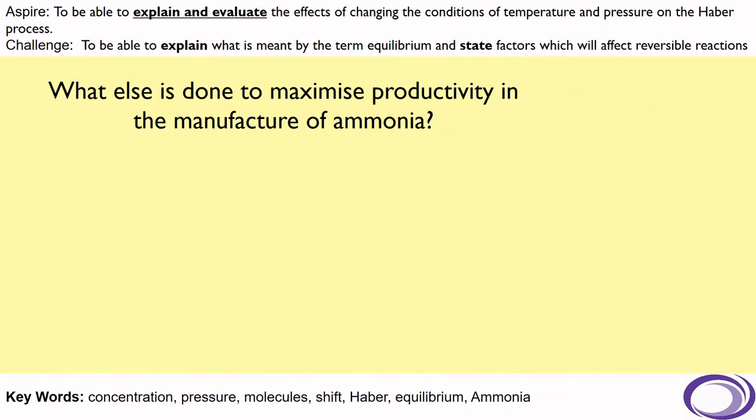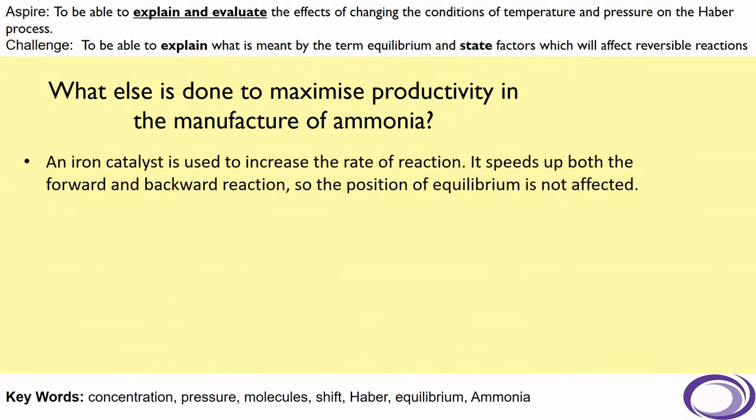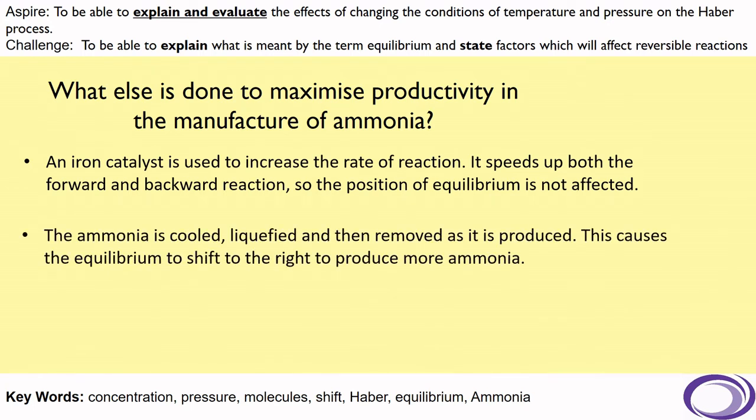So what else can be done to maximise productivity and minimise cost? Well, they use an iron catalyst. Even though that speeds up the forward and the backward reaction, it doesn't affect the position of the equilibrium, but it does increase the rate of the overall reaction. The ammonia is cooled and liquefied and removed as it is produced, which means this is a continuous process.